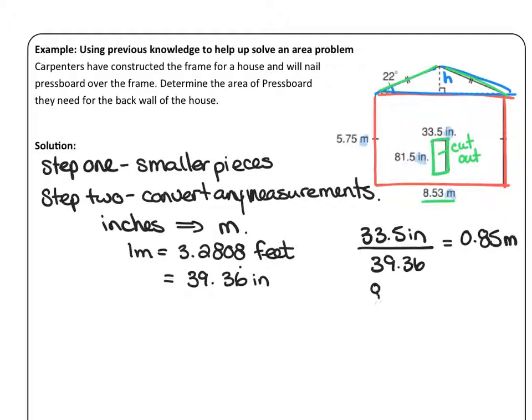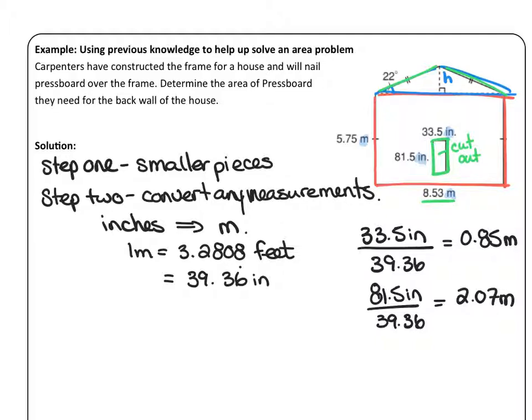And the other one is 81.5 inches. I'm going to do the same thing, divide by 39.36, which is 2.07 meters. So now we have everything in meters.